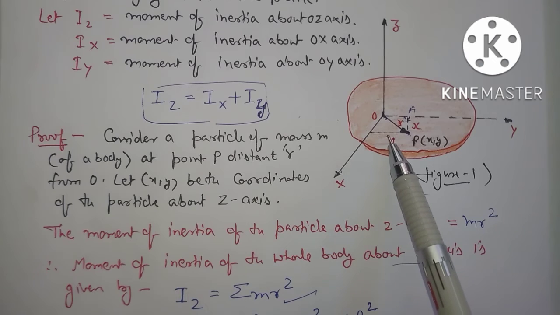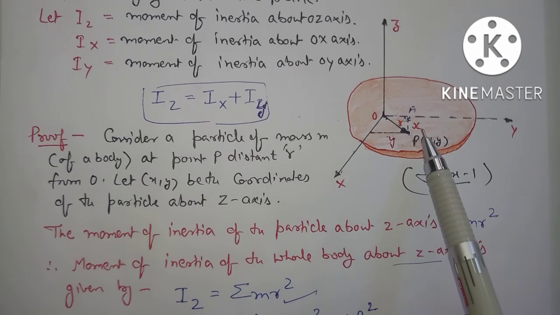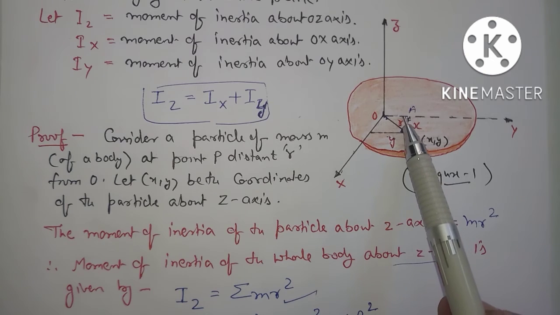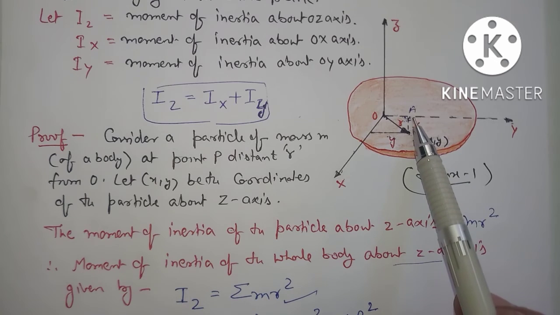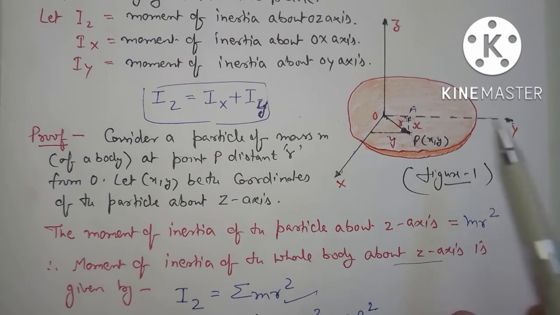So the moment of inertia along the x-axis is summation m y squared. And for the moment of inertia of the body along OY, that is the y-axis, the distance of point P from this axis is x. So the moment of inertia along the y-axis is summation m x squared.